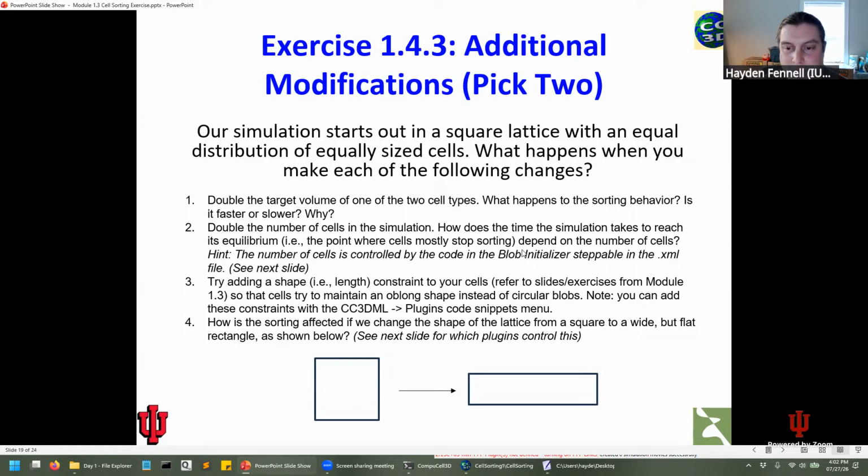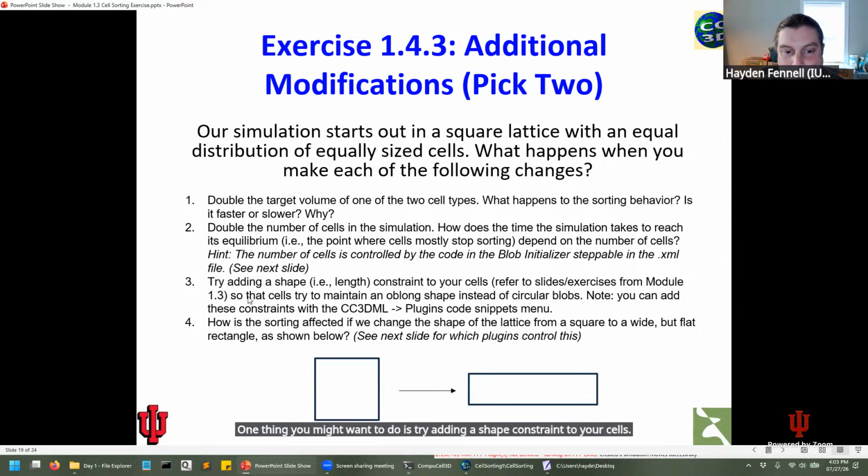You'll have to modify your BlobInitializer steppable to do that. One thing you might want to do is try adding a shape constraint to your cells. You can do that using the XML plugins code snippet. And we'll talk more about how to actually make cells of specific shape in tomorrow's sessions.